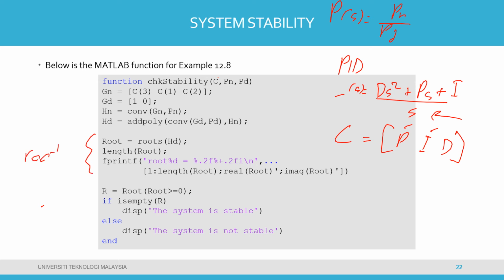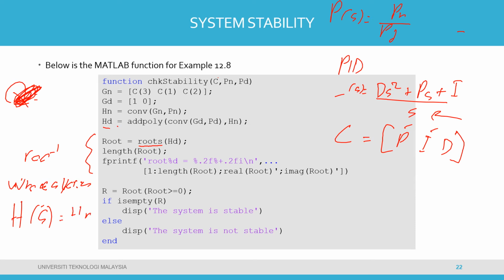Okay, you find the root. Basically, you just use the MATLAB function called roots. When it comes to stability, you only analyze the whole system Q. For this case you use hash, so I use hash as the whole system, which includes the controller as well as the plant.